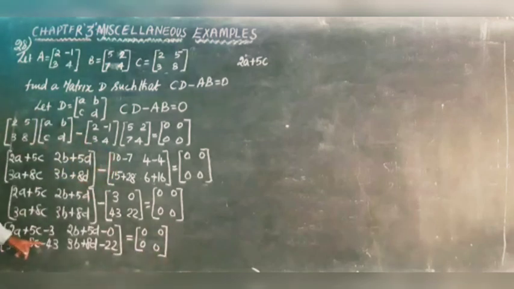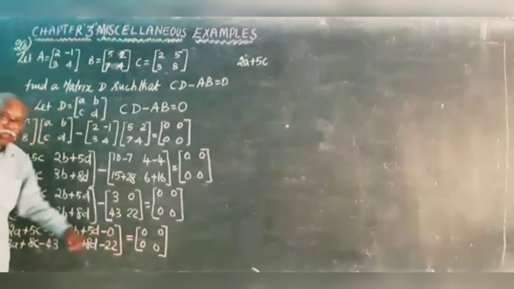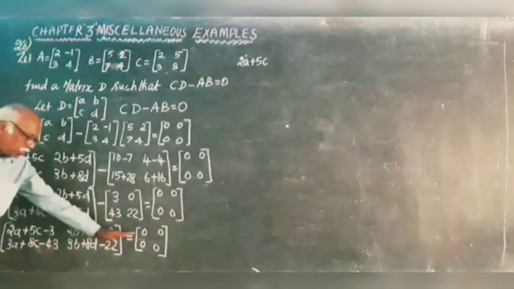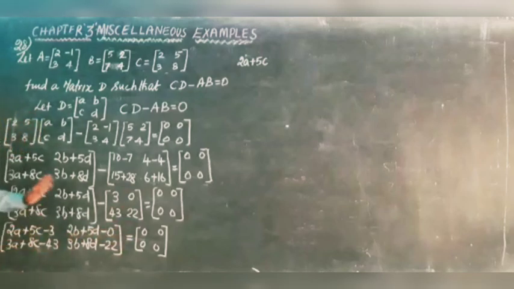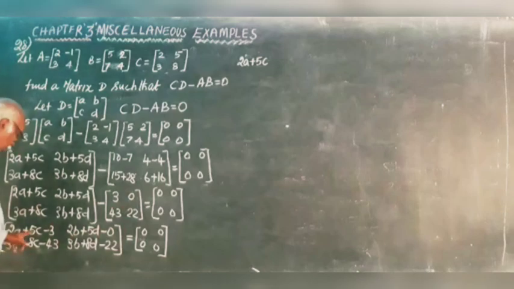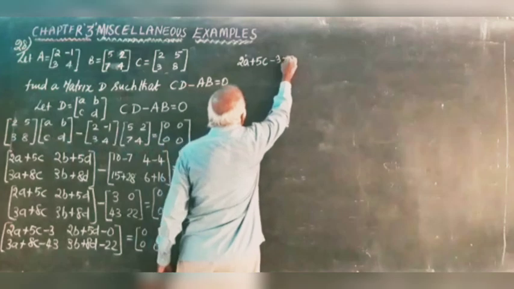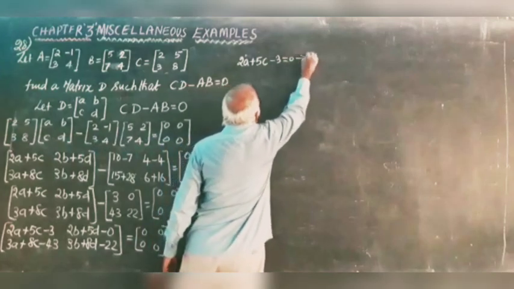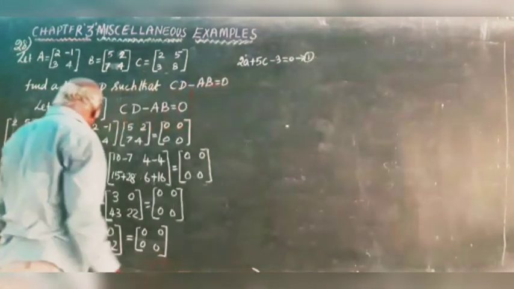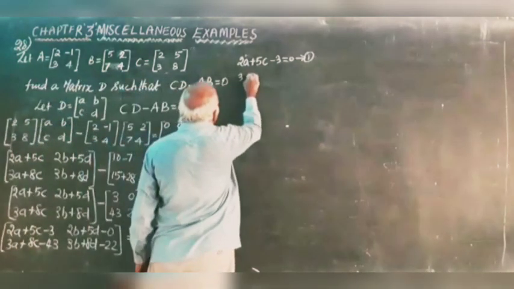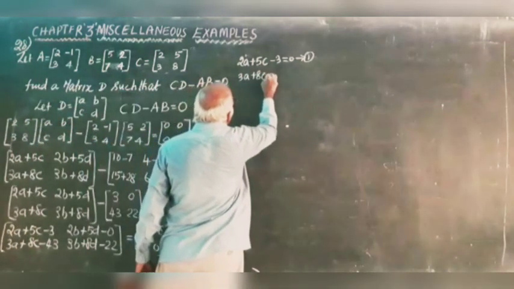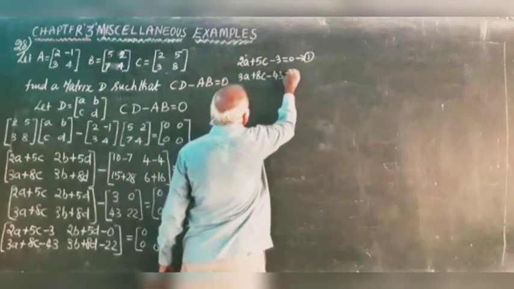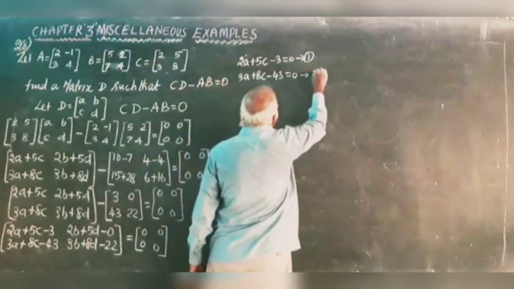Left hand side is a 2 by 2 matrix, right hand side also a 2 by 2 matrix. Two matrices are equal, therefore we can equate the corresponding elements. 2a plus 5c minus 3 equal to 0, equation 1. 3a plus 8c minus 43 equal to 0, equation number 2.